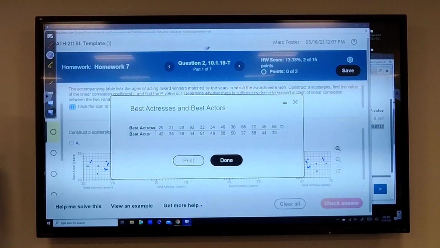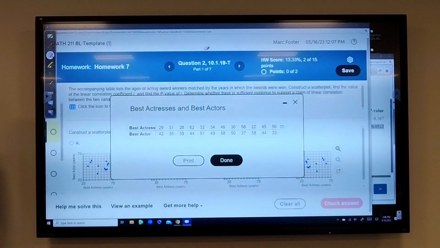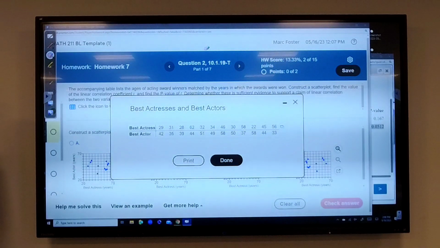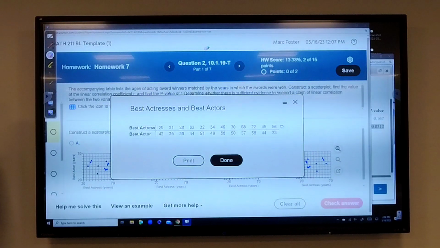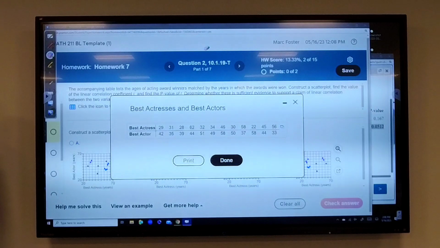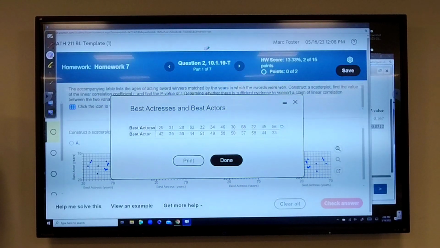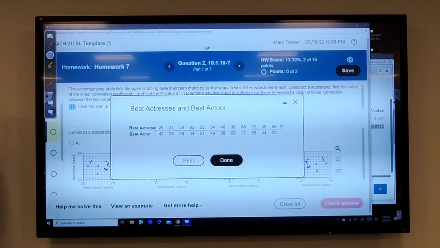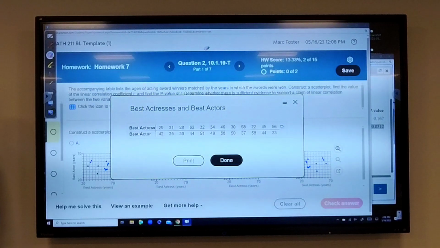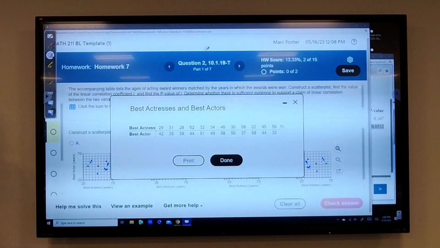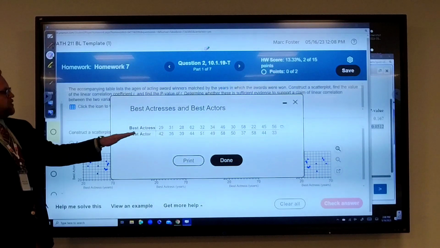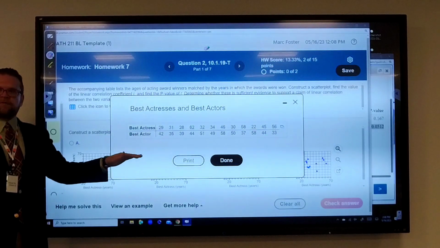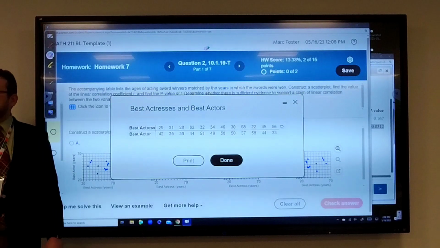Okay. Has there ever been a year that you could think of when the best actress was relatively young and maybe the best actor was kind of an old guy or something?